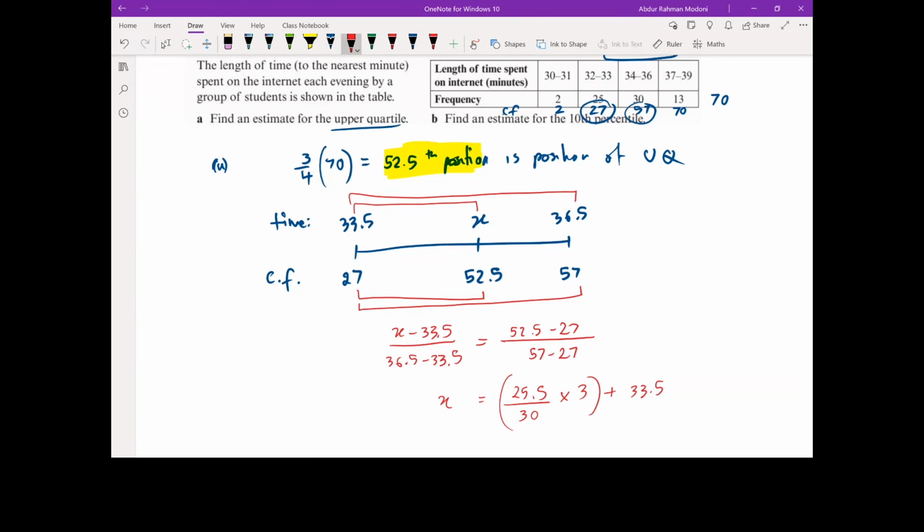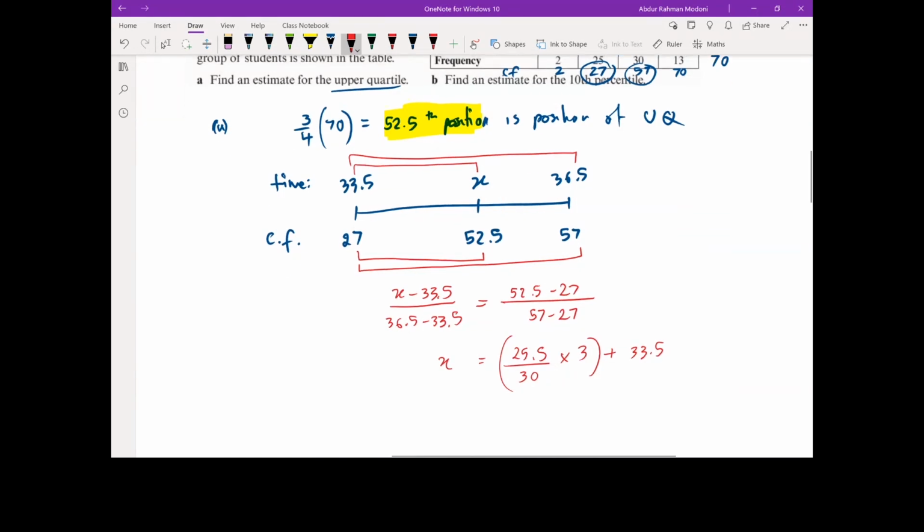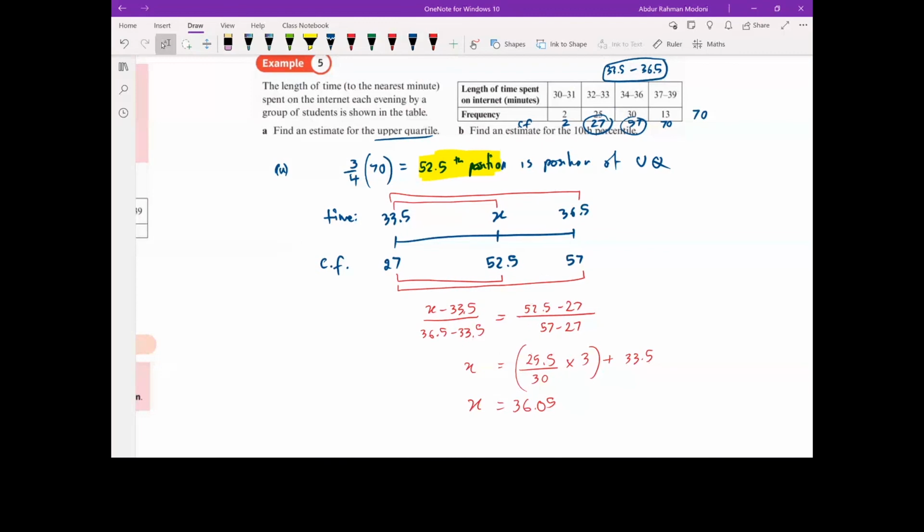So we've got 25.5 divided by 30, times 3, plus 33.5, and that gets us 36.05. So x is equal to 36.05 minutes. Remember what x was? It was time. And the question asks to find an estimate for the upper quartile. So the upper quartile time we can say is 36.1 to 3 significant figures.